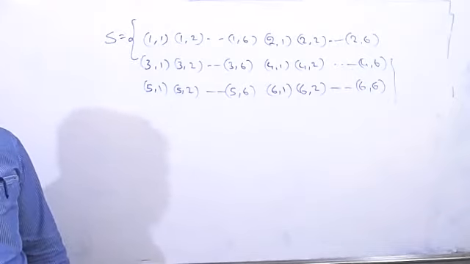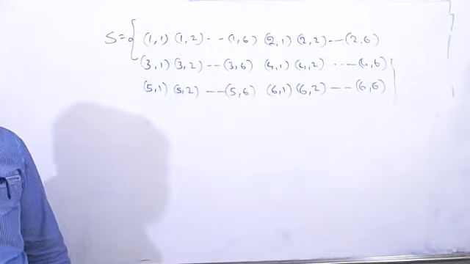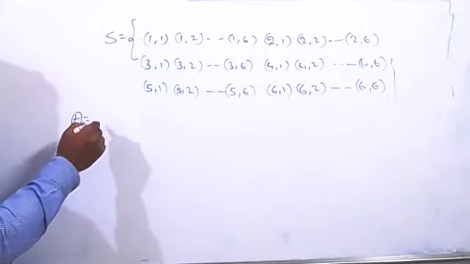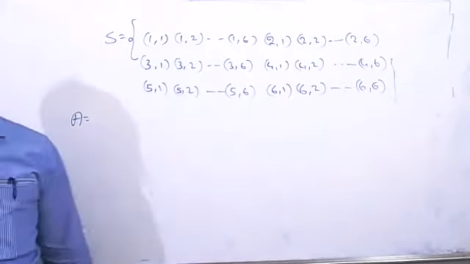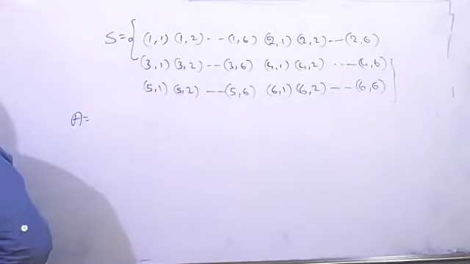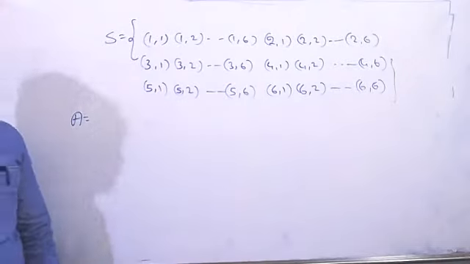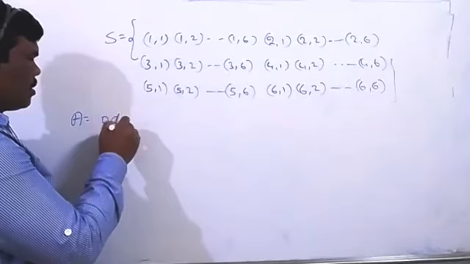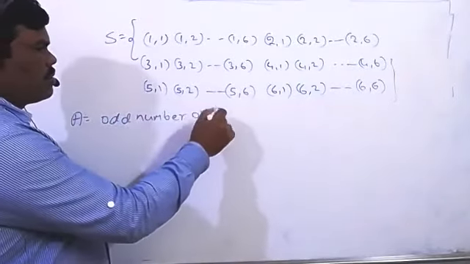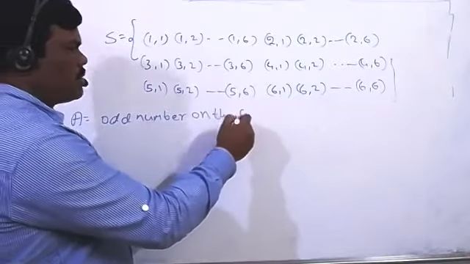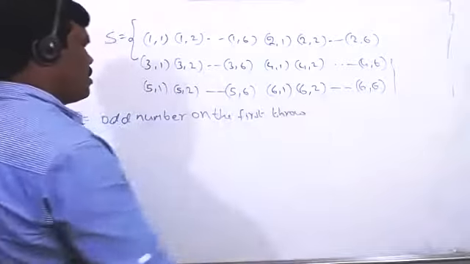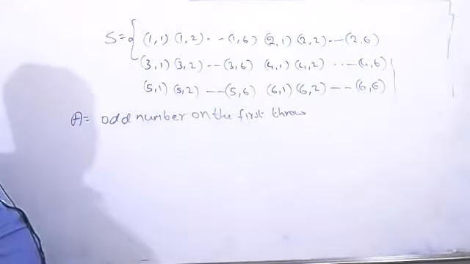Now, based on this sample space, we have to find event A and event B. What is event A? See the problem: odd number on the first throw. What do you get?